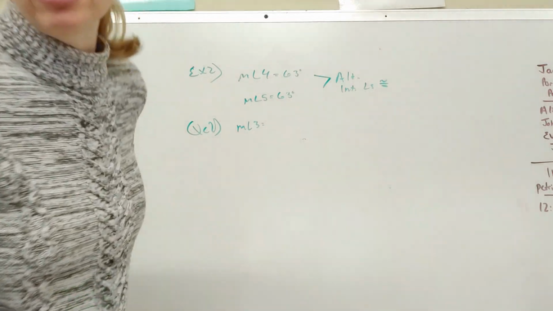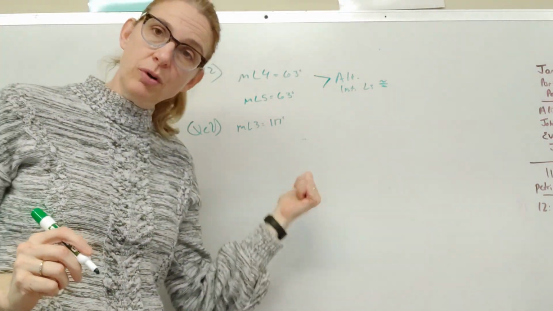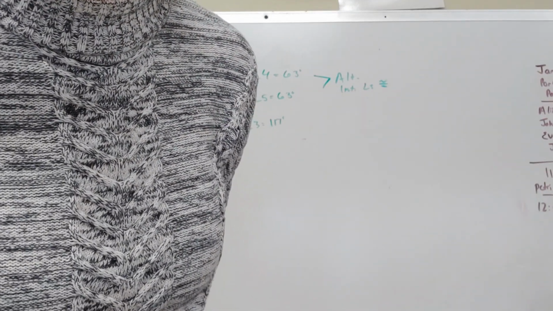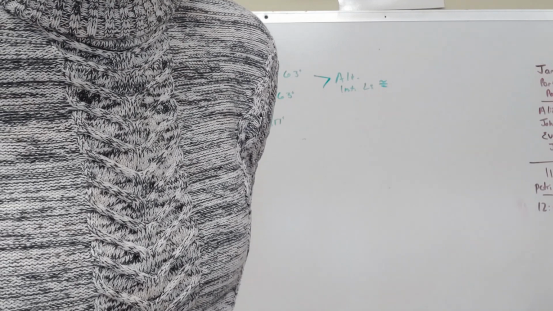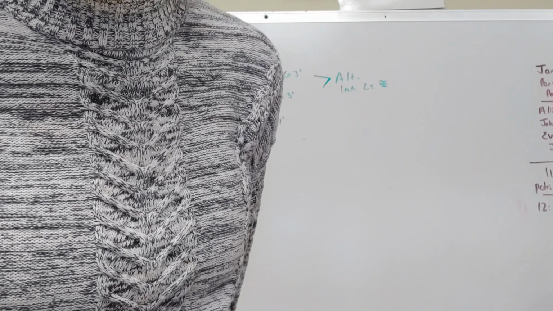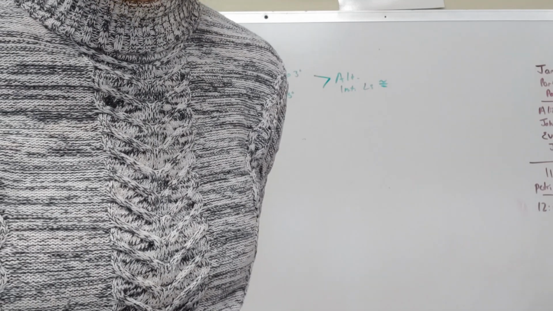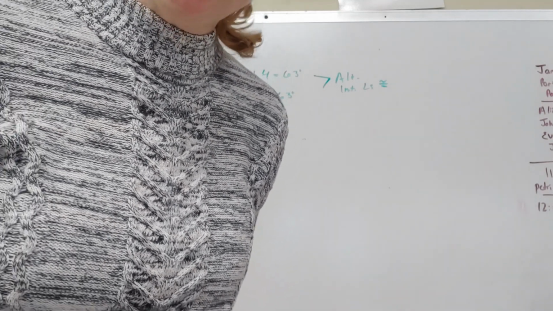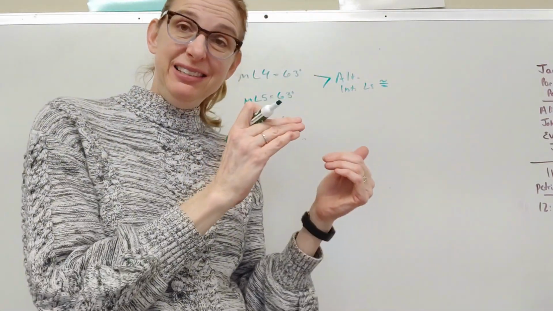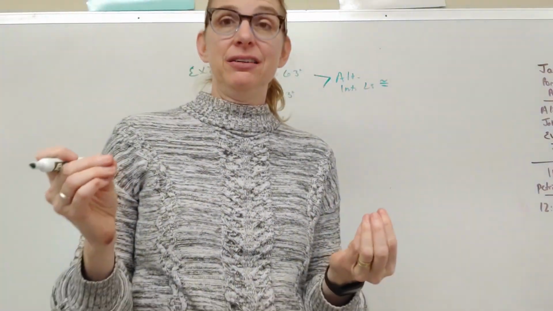So the measure of angle 3 is 117. Remember that means it's an obtuse angle, more than 90 degrees. And they want to know 6 and 7. So look at 3 and look at 6 and 7. Are they any specific kinds of angles? Yeah, 3 and 7 are corresponding angles. Are corresponding angles congruent? They're in matching spots. Yep, they're congruent. And 3 and 6 are alternate interior angles.